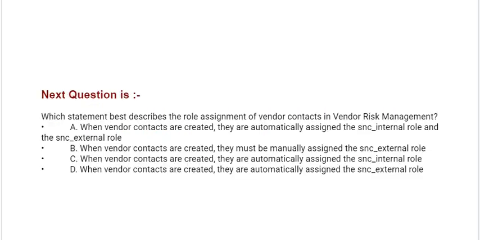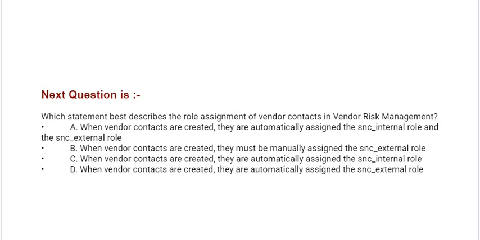Question is, which statement best describes the role assignment of vendor contacts in vendor risk management? Option A. When vendor contacts are created, they are automatically assigned the SNC_internal role and the SNC_external role.